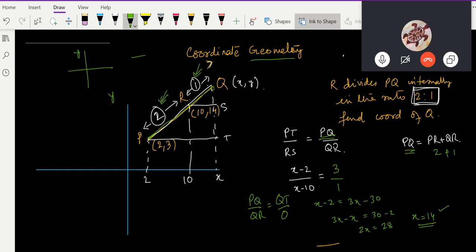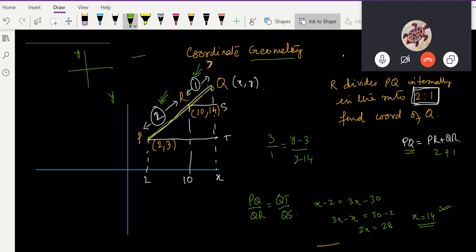So it will be 3 upon 1 is equal to y minus 3, we are calculating y, not x, over QS, which is y minus 14.